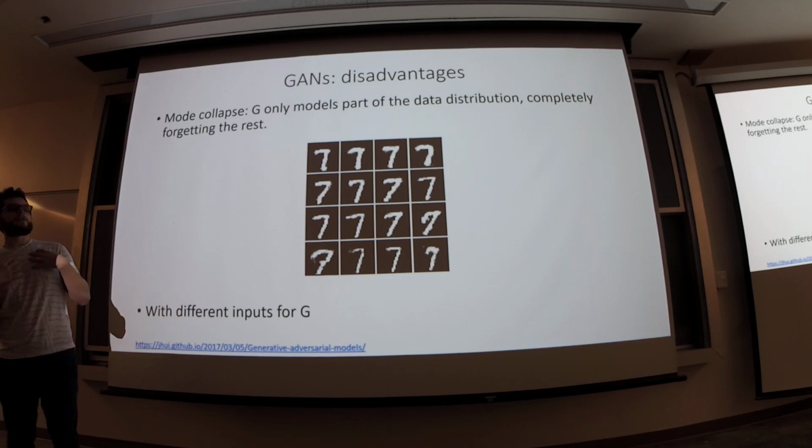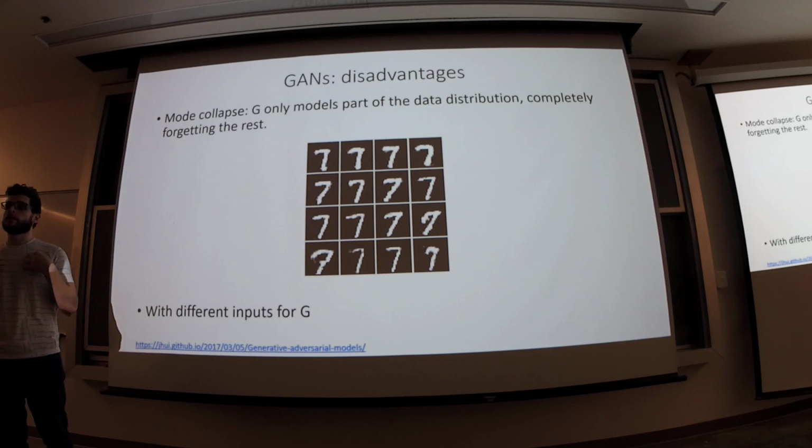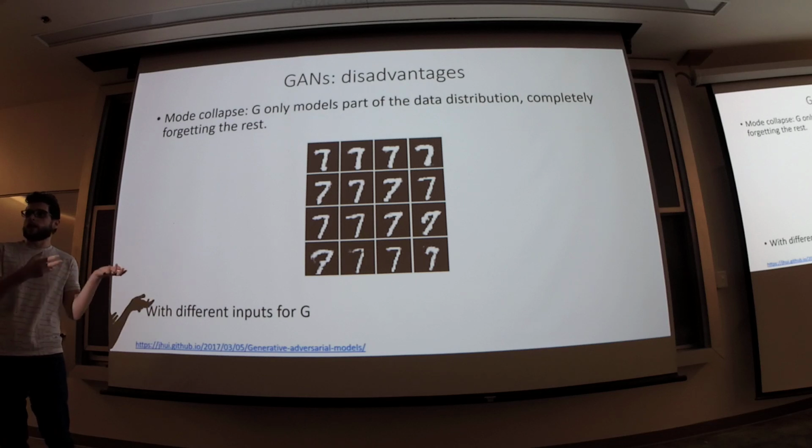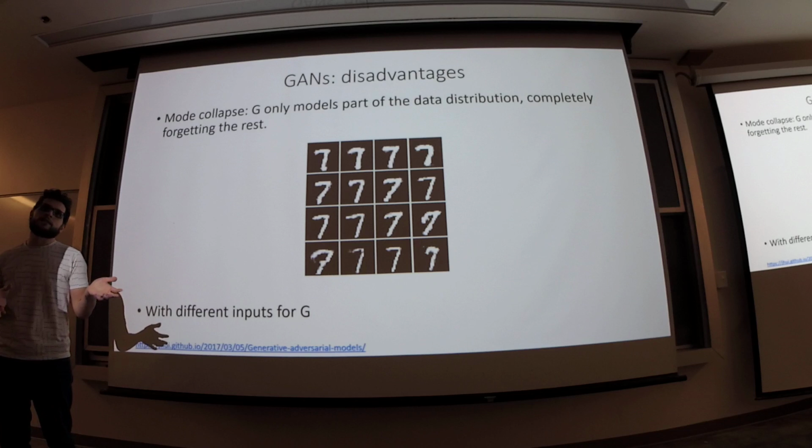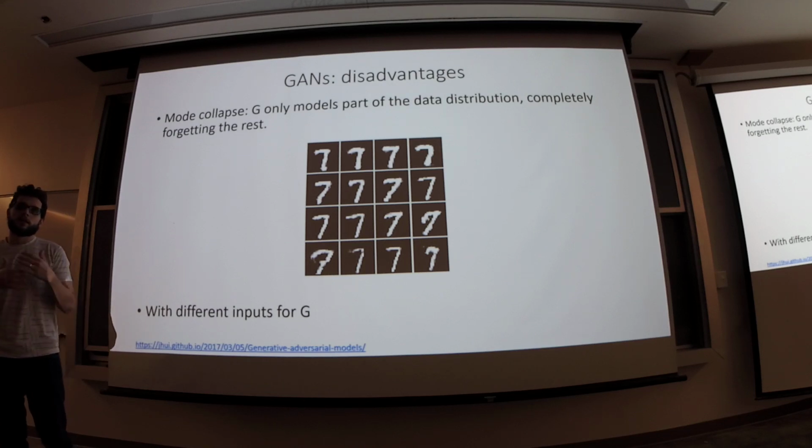If I only learn to generate 7s, but 7s are really good, the discriminator will not be able to catch that I'm generating 7s and only 7s because they look like real 7s. The discriminator doesn't really see that the generator is actually not giving me anything else.